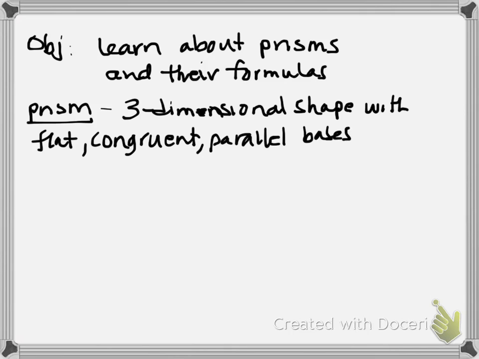Okay, so a three-dimensional shape with flat, congruent, parallel bases. This chapter kind of breaks down into flat top, flat bottom, pointy top, which would be pyramids. So we're going to talk about prisms, and then we'll talk about pyramids too.